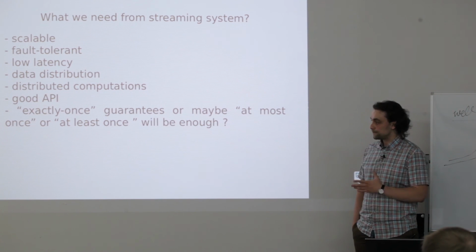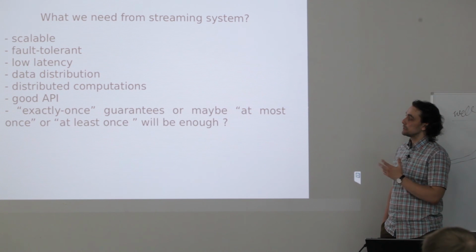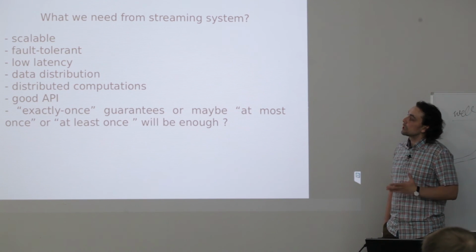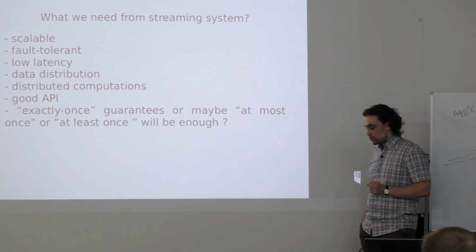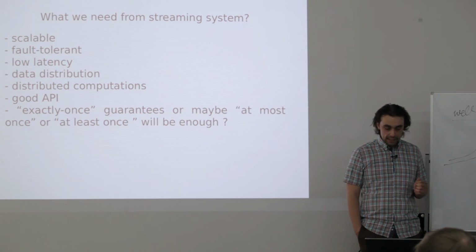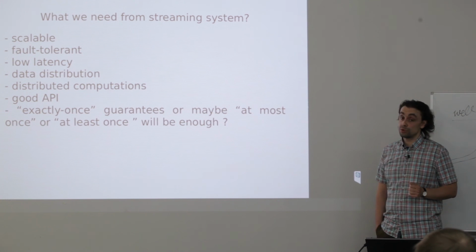Each of us could add our own, and it could also depend on the type of project, what should be covered. And one of the main questions for streaming systems is the type of guarantee that we want to get.